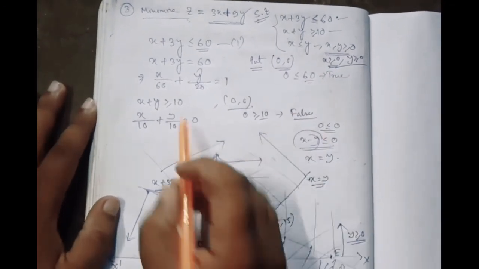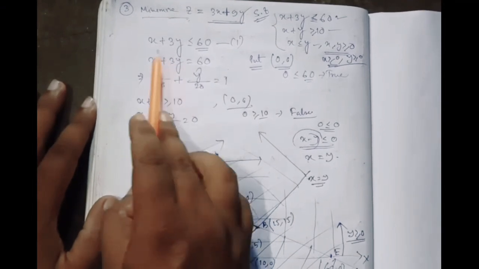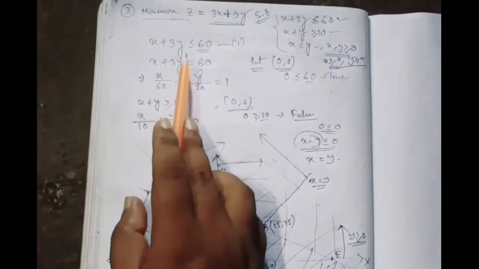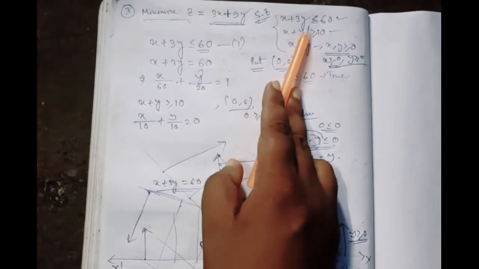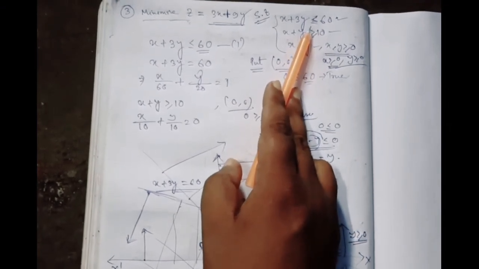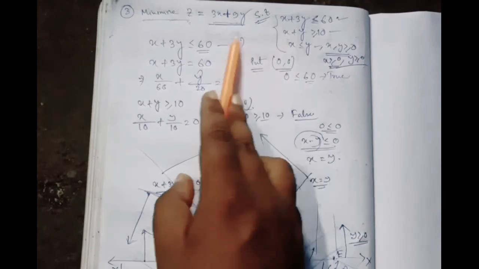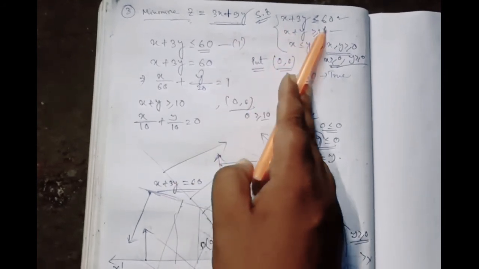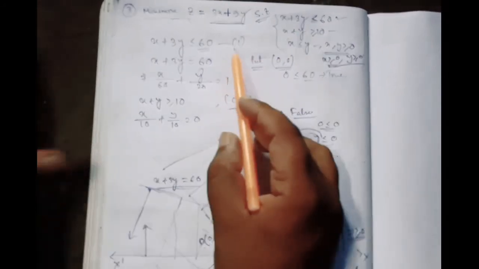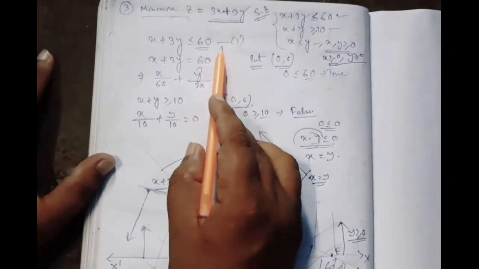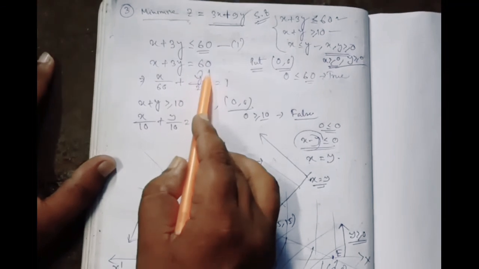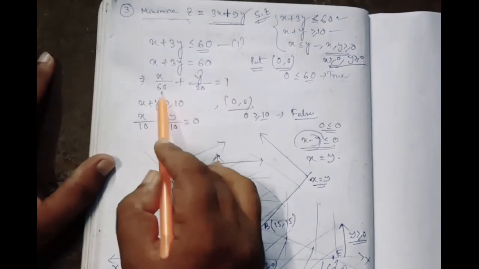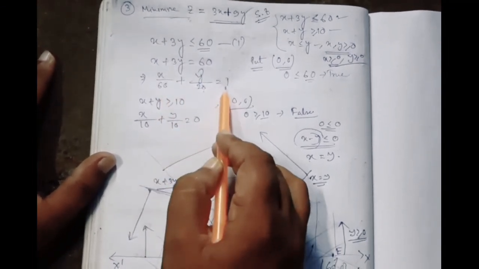Now first we have to find the region of the constraints. Here x plus 3y less or equal to 60. First we make it an equation, x plus 3y is equal to 60. From here x by 60 plus y by 20 is equal to 1.